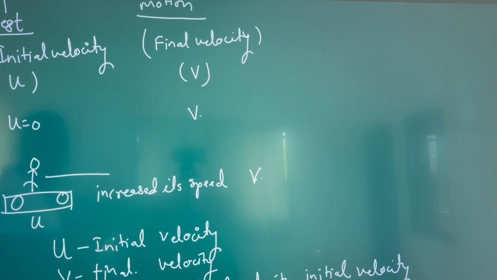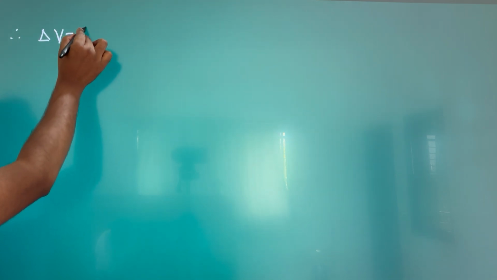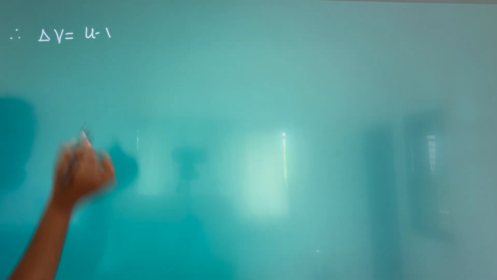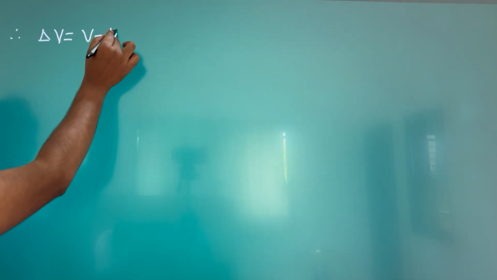Therefore, the change in velocity, delta v, equals v minus u, final velocity minus initial velocity.